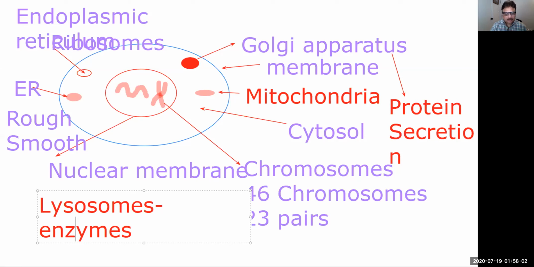And also these single cell eukaryotes have to survive, they have to maintain hydration, or throw waste material out of the cell after digestion. These are referred to as vacuoles.